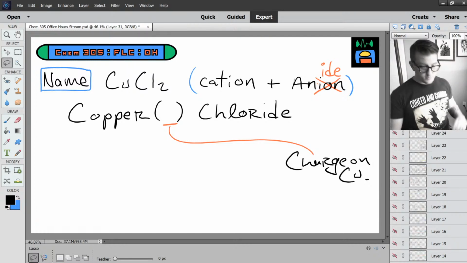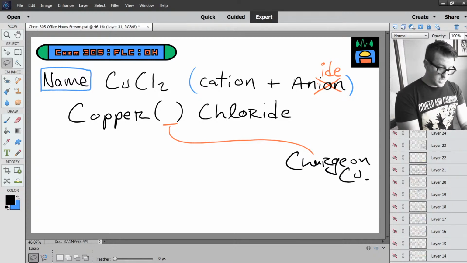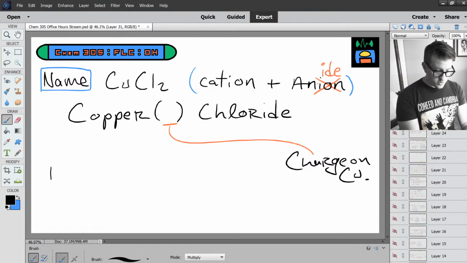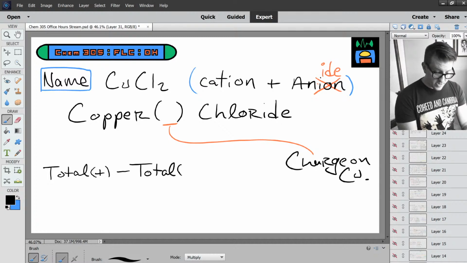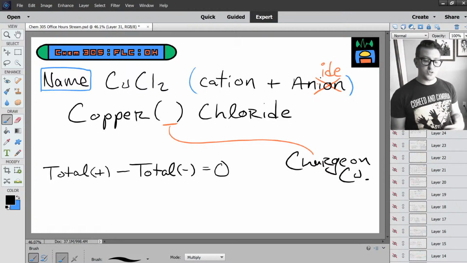Now, to do that, we have to use what we know about ionic compounds. We know that our total positive minus our total negative for the compound equals 0. All of the positive charges plus all the negative charges add to 0.